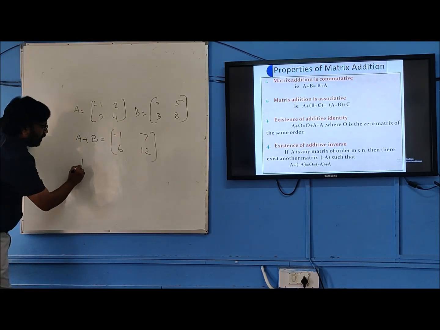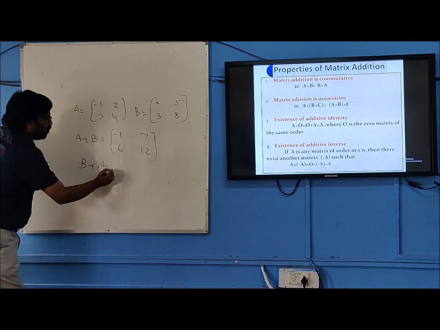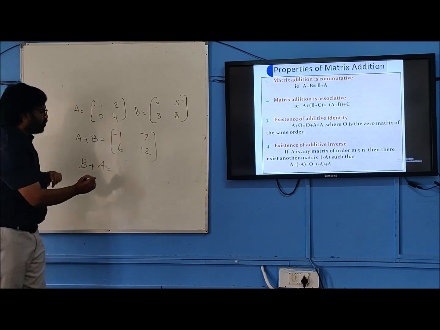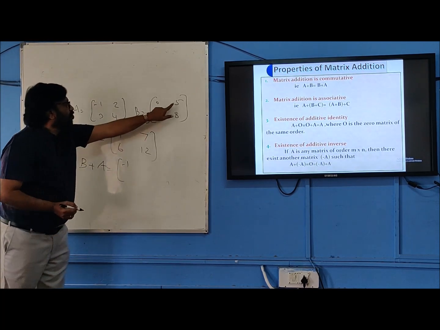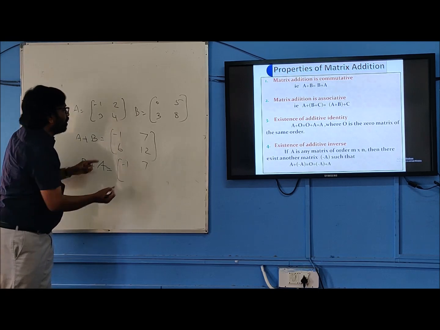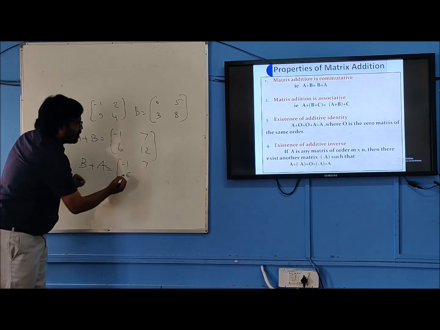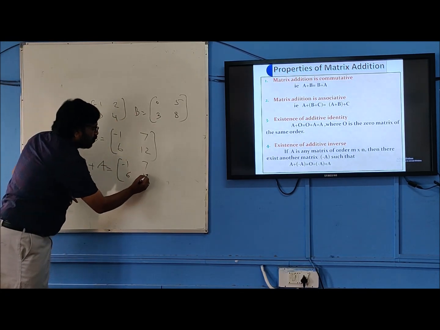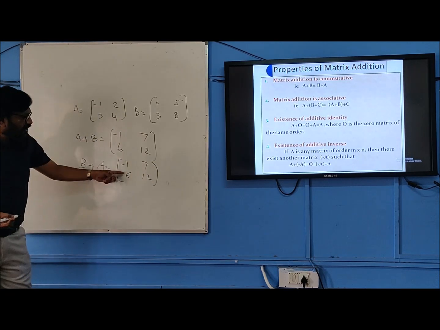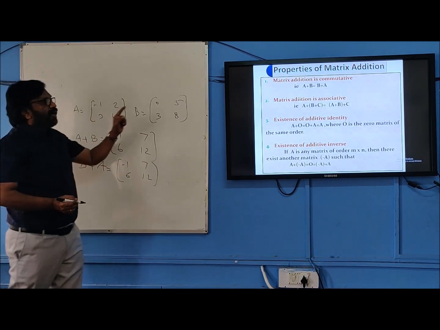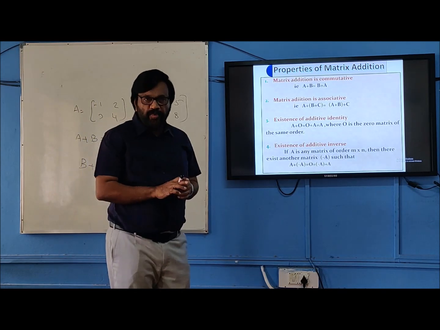Then what is B plus A? B plus A is equal to 0 plus minus 1, that is minus 1 only; 5 plus 2, 7; 3 plus 3, 6; 8 plus 4, 12. You see, these two matrices are equal. Therefore, matrix addition is commutative.